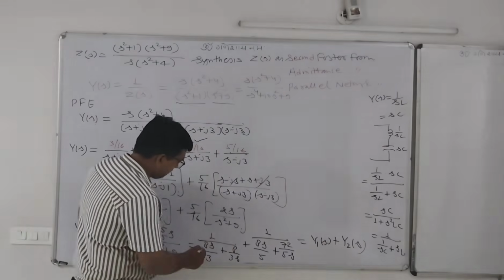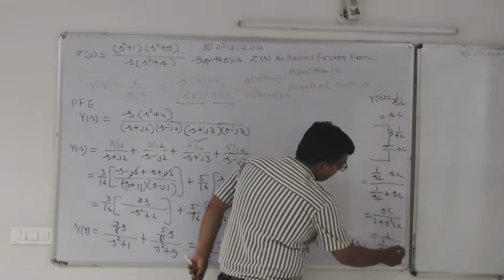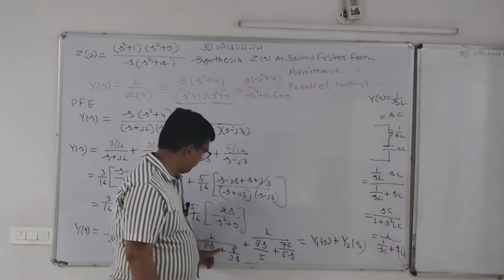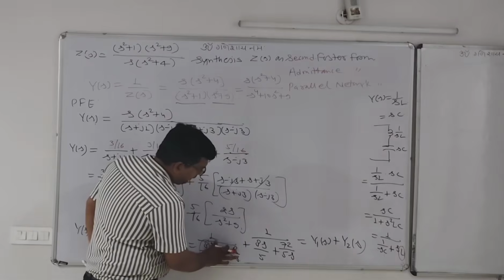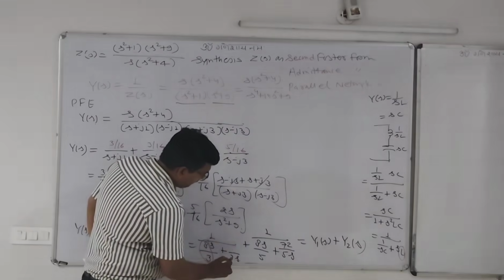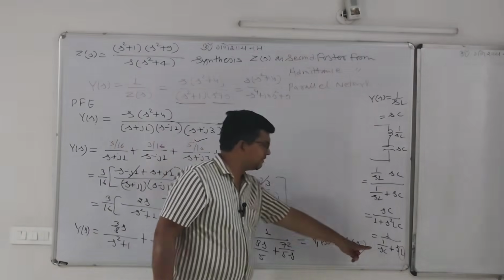So basically, what is this 8 by 3? Here it represents the inductance. Similarly, we will write this 8 by 3s as 3 by 8 and 1 upon this, so this 3 by 8 is the capacitance.